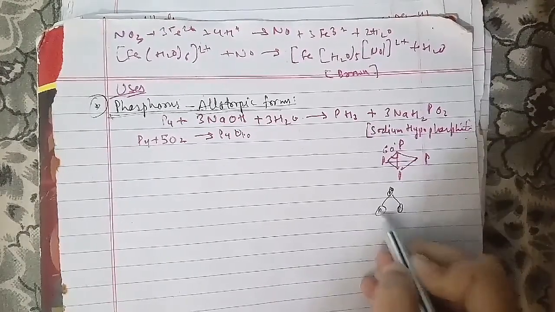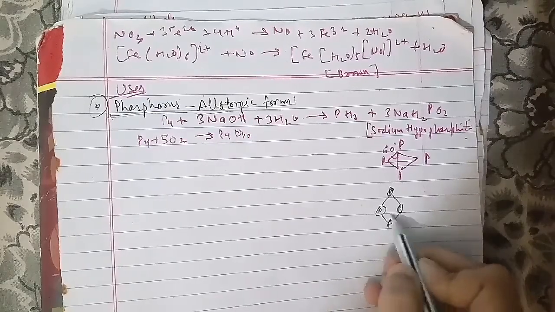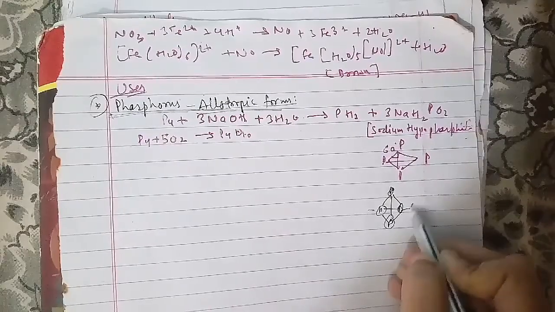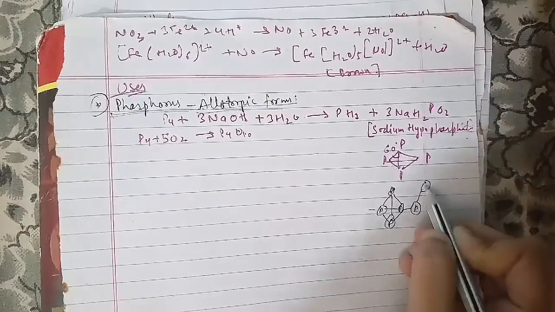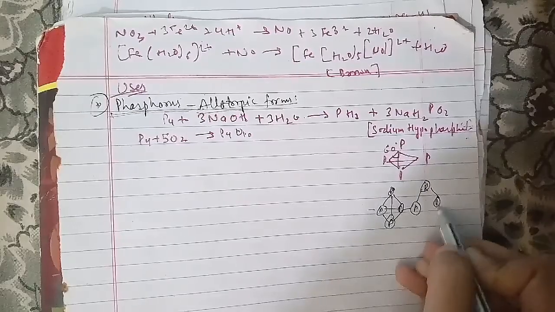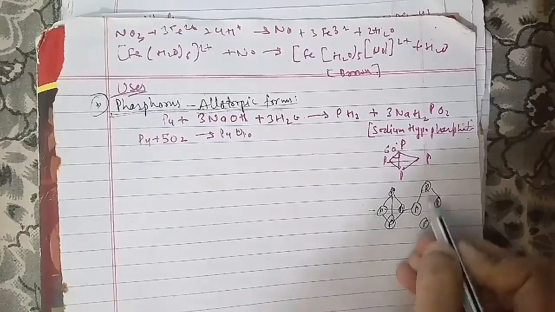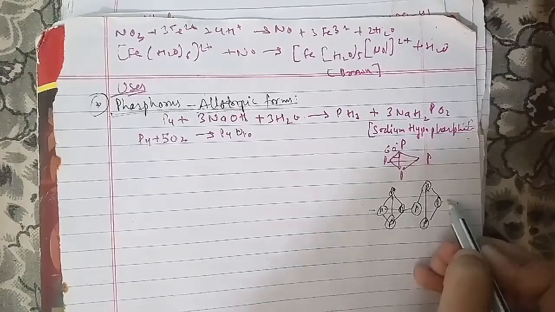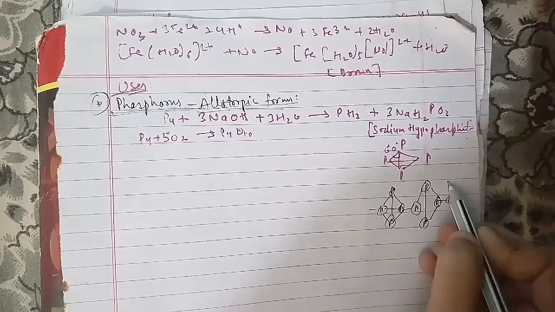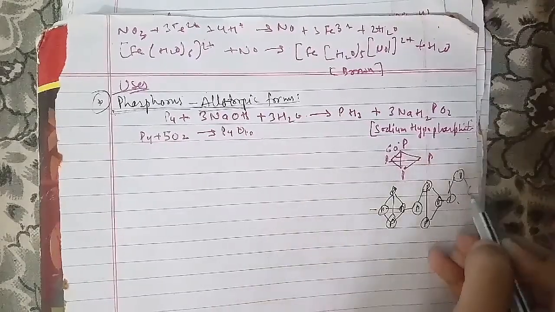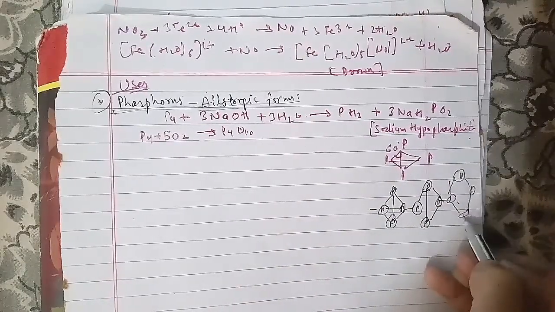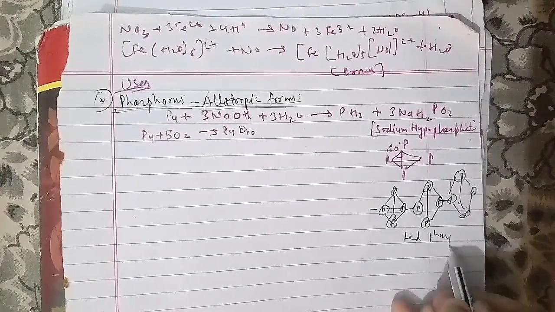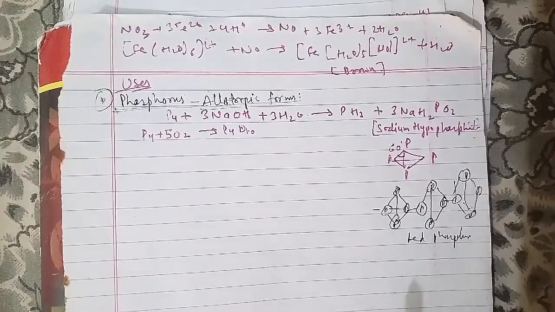In terms of preparation, phosphine is prepared by the reaction of calcium phosphide with water or dilute HCl. So we'll discuss phosphine with dilute HCl as well as with water. The reactions are as follows: Ca3P2 plus 6H2O gives 3Ca(OH)2 plus 2PH3.